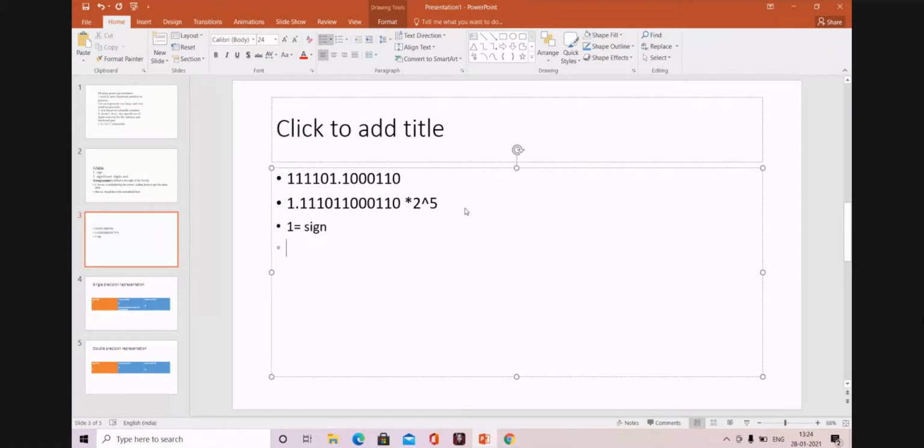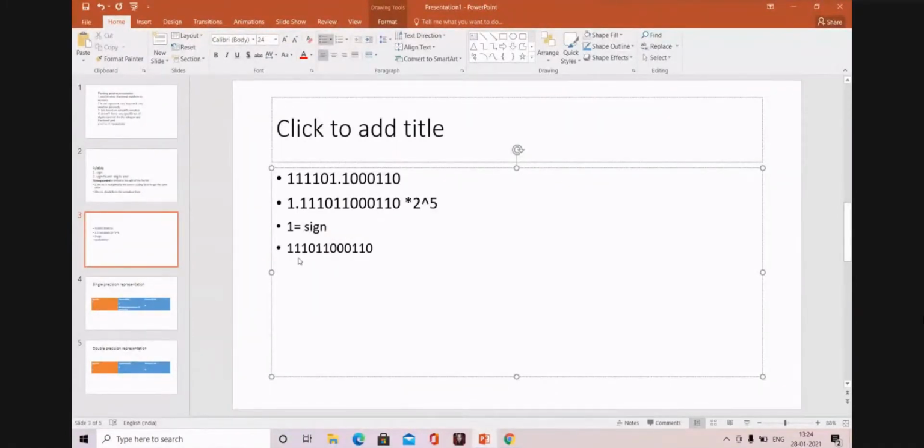Are you all getting it? Yes. Now, the very first bit is your sign. The remaining bits, the significant bits, are 1, 1, 1, 0, 1, 1, 1. Let me check whether I have written it correctly.